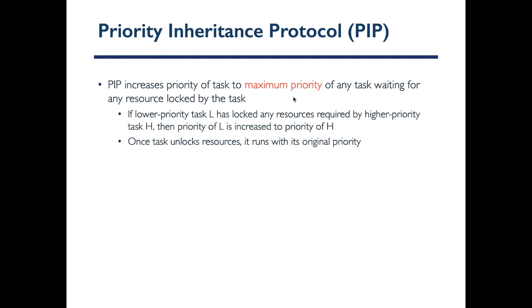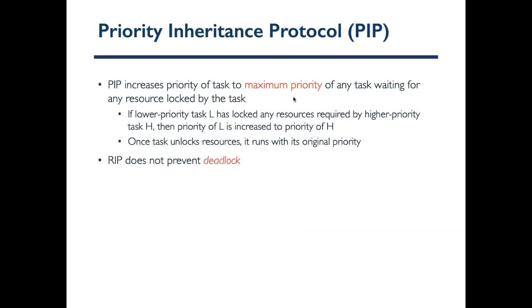So in the case of having L, M, H, if L blocks H, then its priority is elevated to H. So in this sense, M can never interrupt or preempt L. So L will finish, and when L finishes, then H can run.